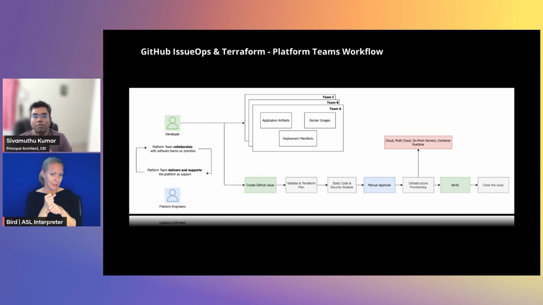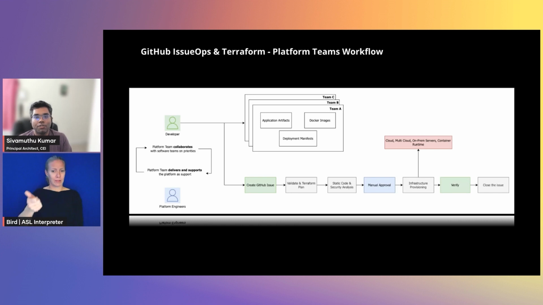We have used GitHub IssueOps, but Terraform Enterprise has recently introduced a GUI tool itself. So you don't need to write the infrastructure as code yourself. You can just bring the module, configure the input variables in the UI itself, and then provision with Terraform.